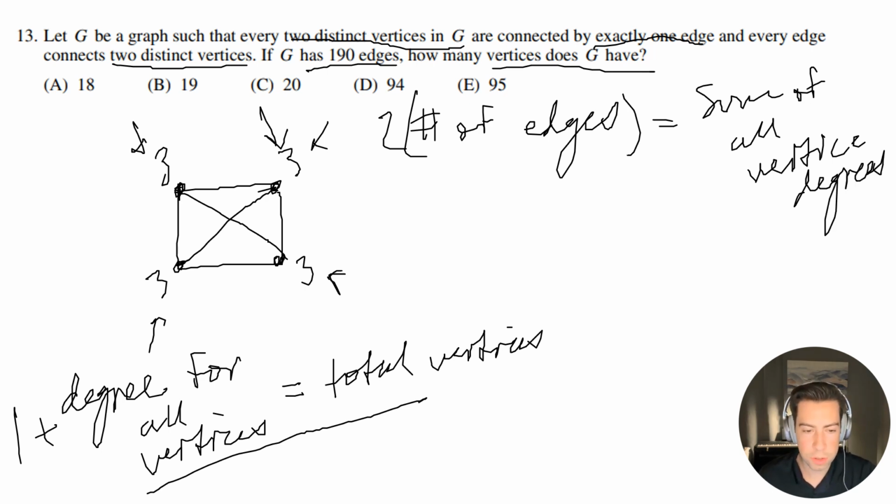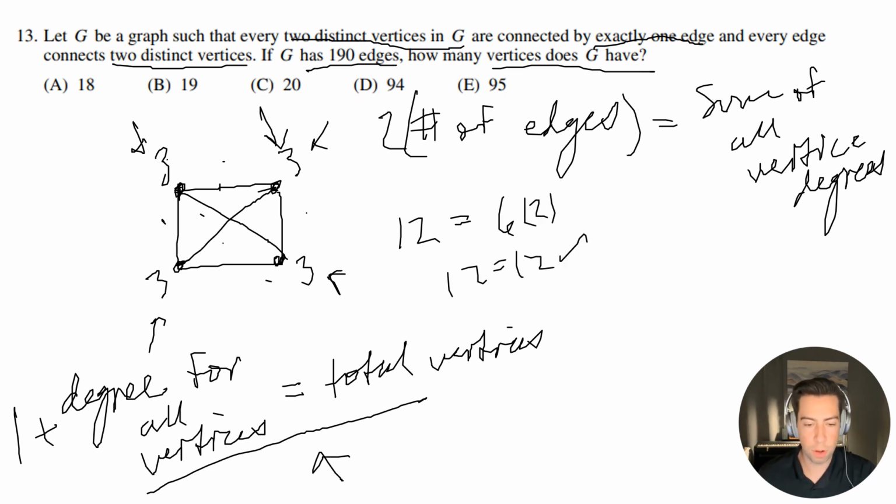So now that we know this is true, 1 plus the degree for all the vertices equals the total number of vertices, and 2 times the number of edges equals the sum of all vertex degrees. We can show that here. If I have 3 plus 3 plus 3 plus 3, I get 12. That's my sum of the degrees, and I have 1, 2, 3, 4, 5, 6 edges. If I multiply that by 2, I get 12 equals 12.